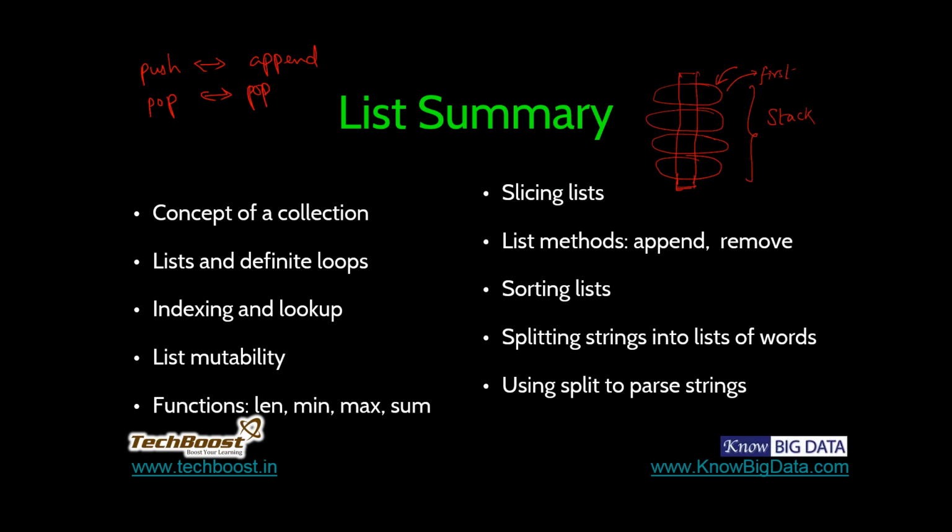We also did some of the basic built-in functions, which are len, min, max, sum on the lists. Slicing lists, we also saw how we can slice lists. This was the same operation as we used in strings. We saw some of the methods like append, remove, split, pop. All right. We also tried to delete items from the list.